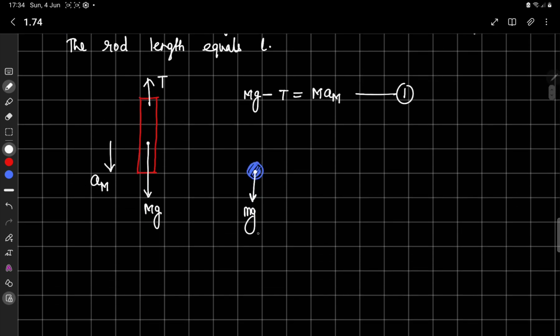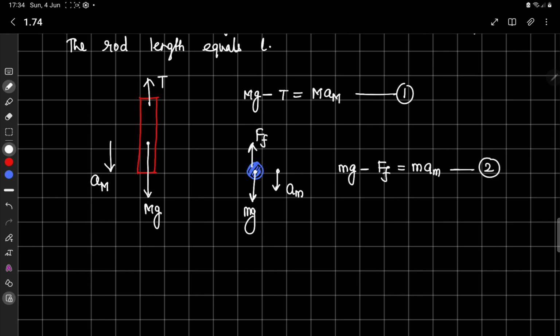As it is moving downward, we will have the friction force in the upward direction, let us say capital F. Let us assume it has the acceleration a_m. If we write the equation, small mg minus friction force is equal to mass into acceleration.